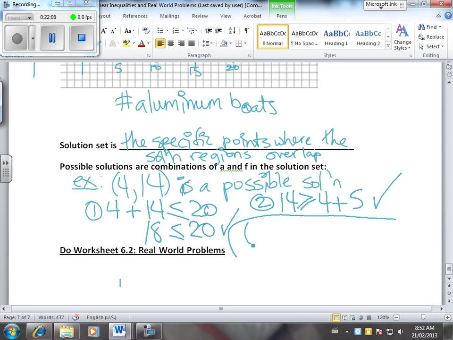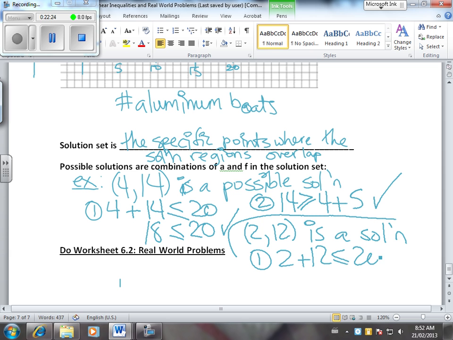So we have 2, 12 as a solution. So 2 plus 12 is less than or equal to 20, and 12 is greater than or equal to 2 plus 5. So 2 plus 12 is 14, and 12 is greater than 7. So there you go.